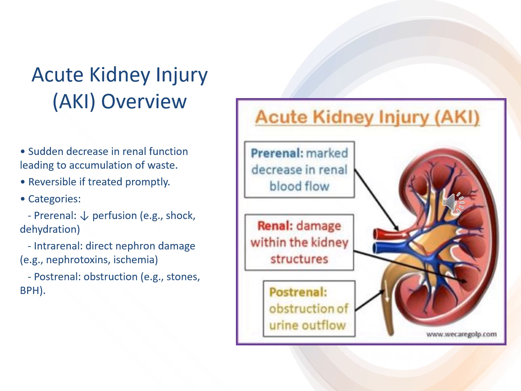So when we look at pre-renal, this is before the kidney. So this is something that might damage or cause a decrease of blood flow to the kidneys itself. So that kidney doesn't have the blood there to be able to filter and to be able to do its job. So examples of this would be something like hypovolemia or hemorrhage.